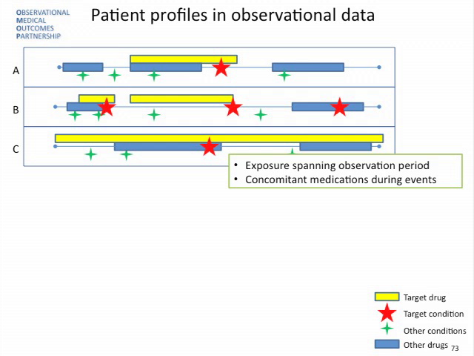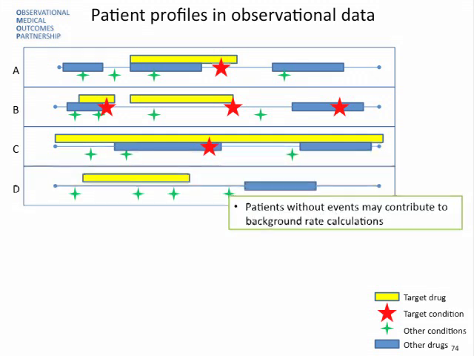Another example would be patient C, who's exposed for the duration of our ability to look at their healthcare use. They have no gaps in that exposure. They do have other comorbidities. They do experience an event. They do take other medications that overlap with the drugs that we're interested in.